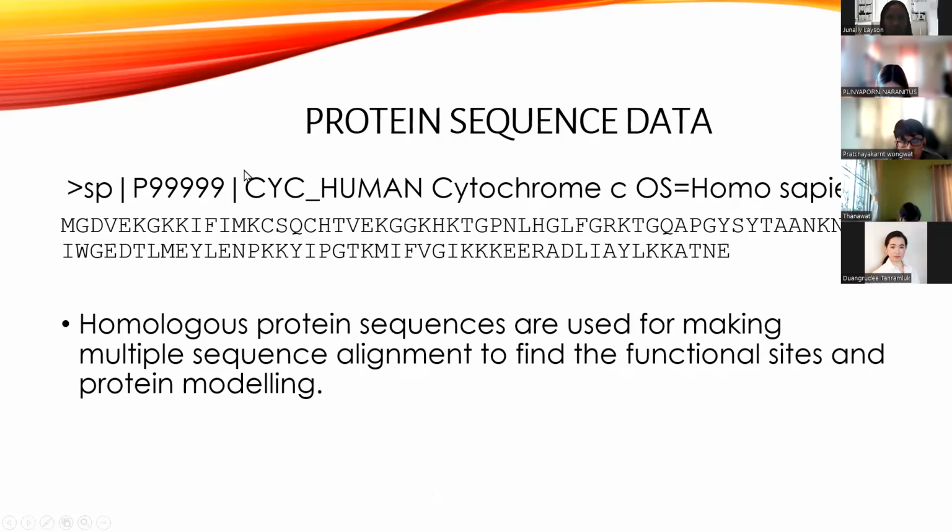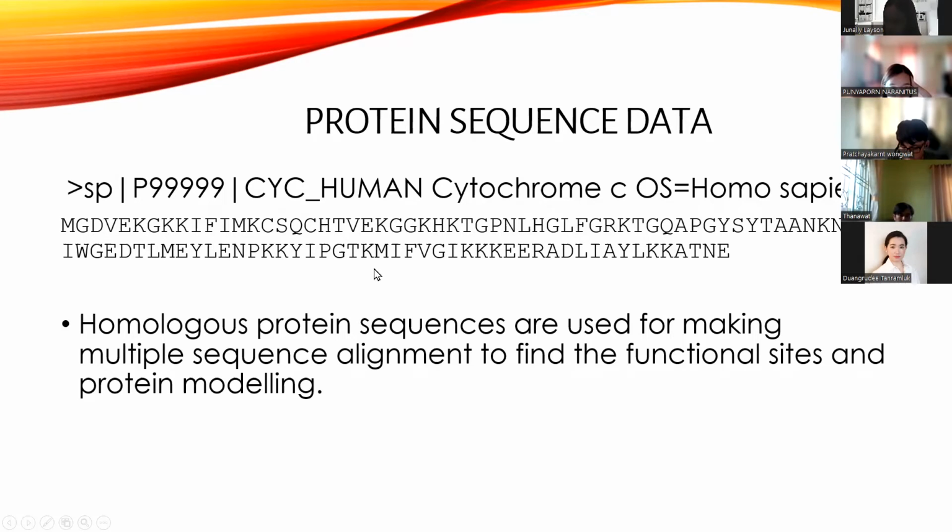So it will start with the short name of the protein, such as Cytochrome C, then the species, like Cytochrome C human, and then some details, and then starting with the amino acid letters, 20 of them, in new lines. So this is what we call the FASTA format. They will consist of lines like this.